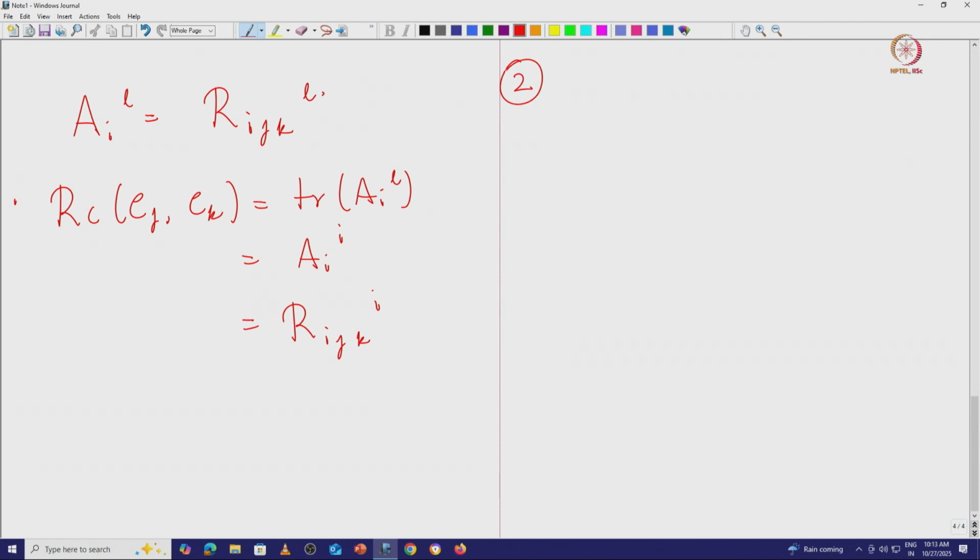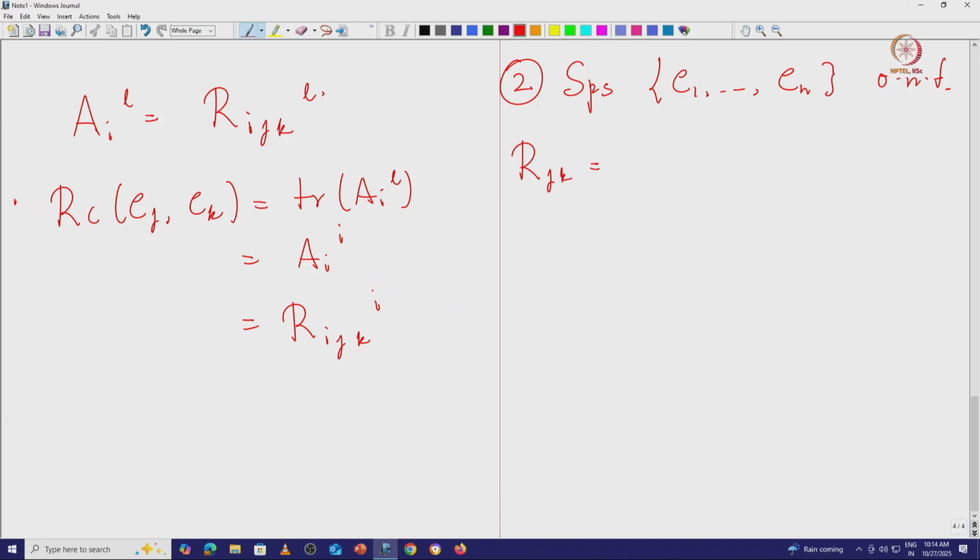For the second part, suppose now that E_1 up to E_n is an orthonormal frame. Okay, so then by the first part, what is R_jk?